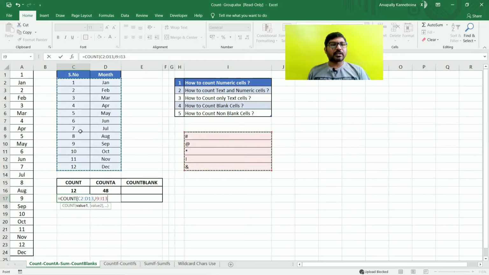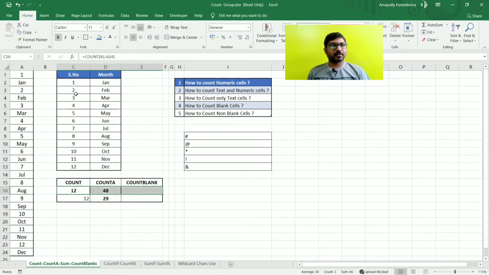So actually the expected result will be 12, because this is text. These are also text, right? So that's the reason we are getting only 12. The count formula does not count the special characters.